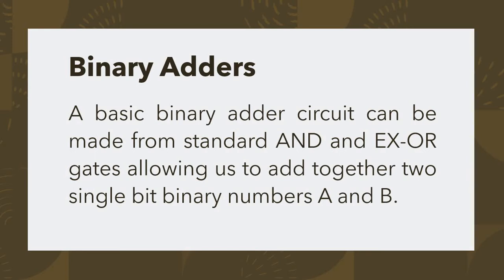The basic binary adder circuit can be made from the standard AND and XOR gates, allowing us to add two single bit binary numbers A and B. Take note that when you are going to create an arithmetic circuit, especially when you're going to add 2 bits, we're going to use binary adders.